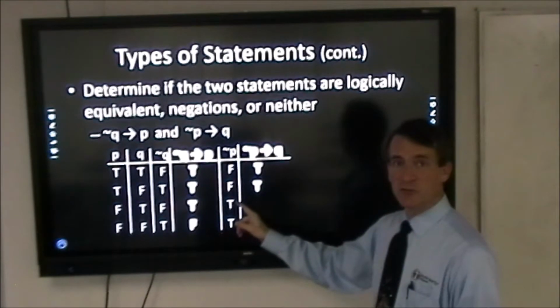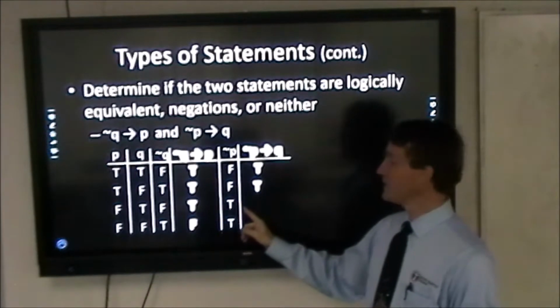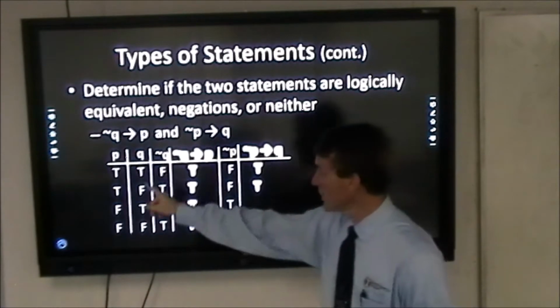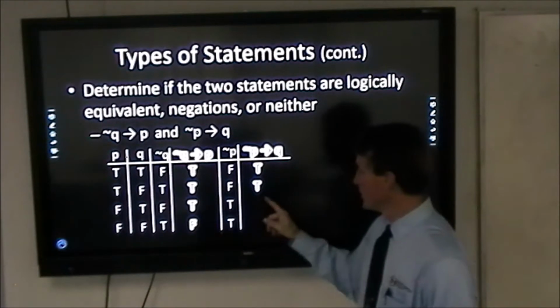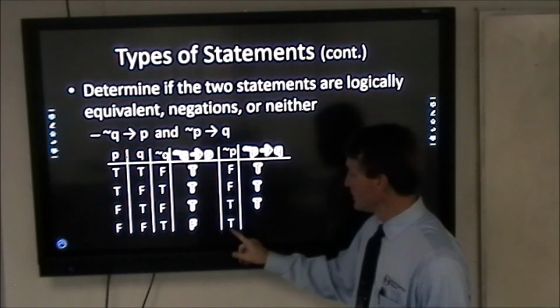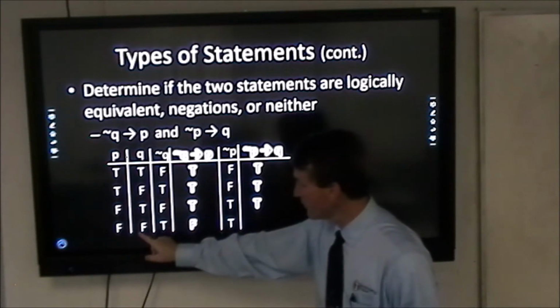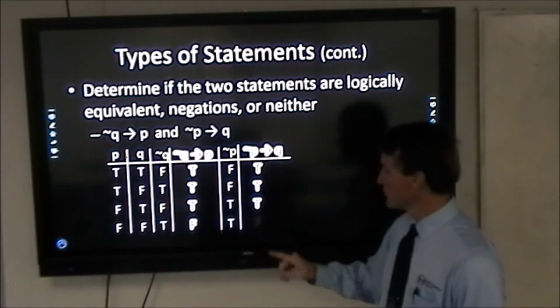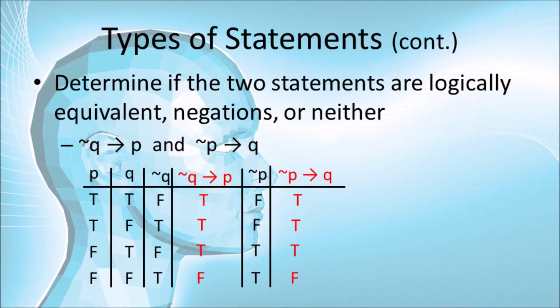So they emptied the dishwasher, so I need to see if they got ice cream. So I look at the Q column, and in this case they got the ice cream, so that's true. Down here they emptied the dishwasher, however they did not get the ice cream, so that is a lie. So we can see that these two truth tables have exactly the same outcome. They are logically equivalent in their nature.